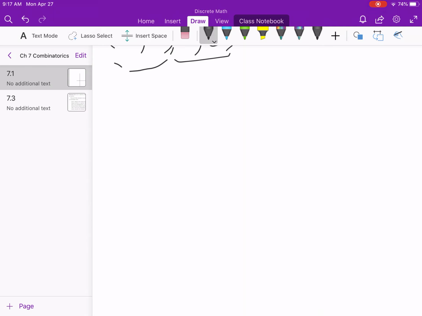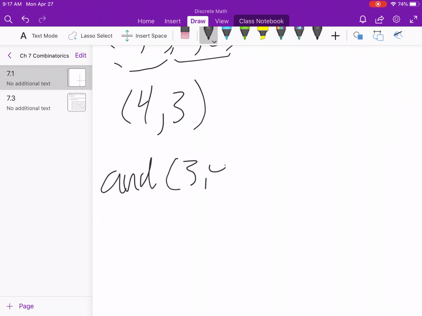But either way we think about it, we'll still get the same thing. And this actually happens when order is important. Like if I were doing stuff, and here I'm going to go back to just doing ordered pairs, 4, 3, and 3, 4.